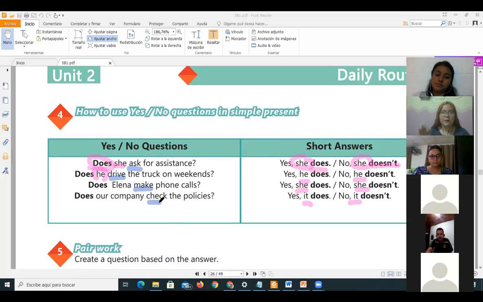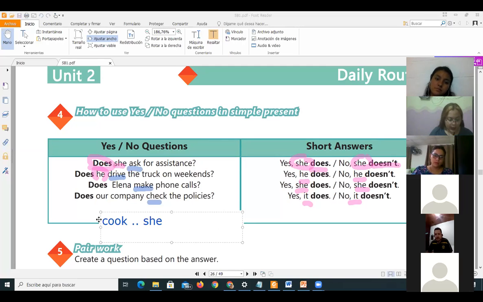So we are using verbs. If I have the verb cook and the subject she, look at this. What is a possible question that you can make? Does she cook?